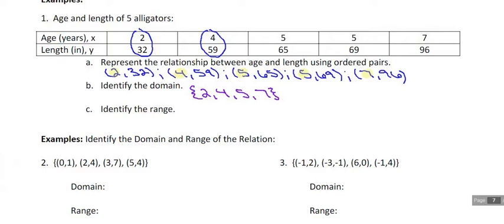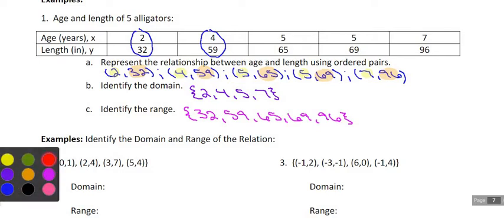The range is our set of y values: 32, 59, 65, 69, 96. Those are also in order already.